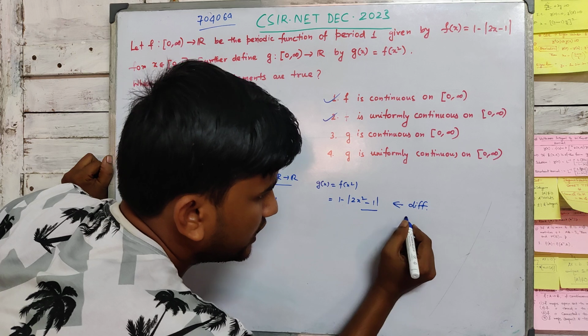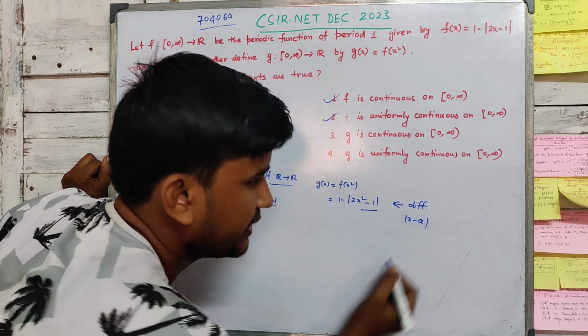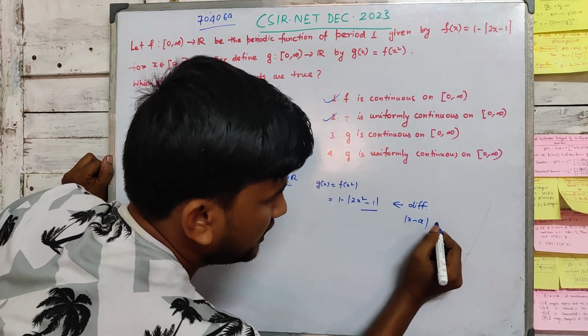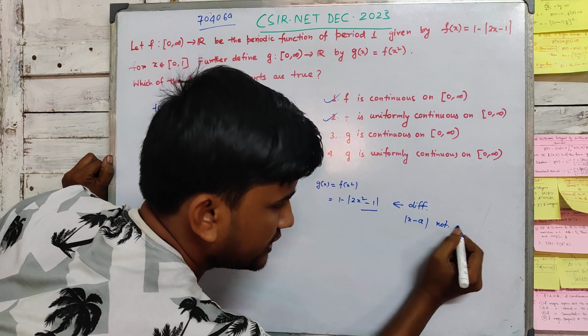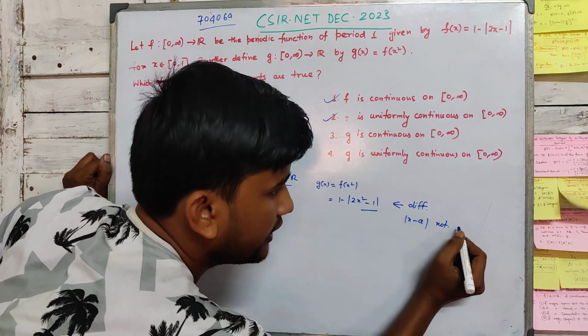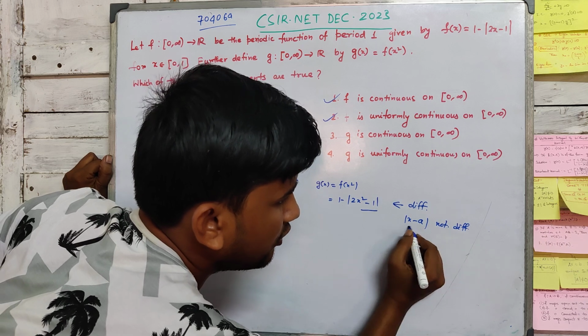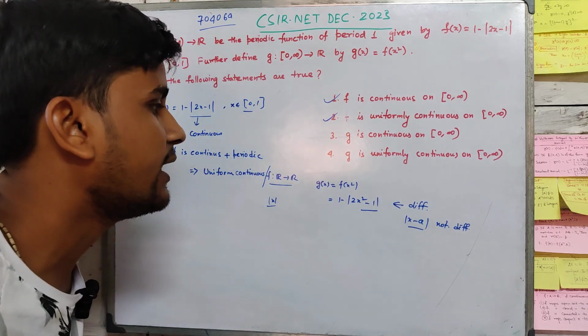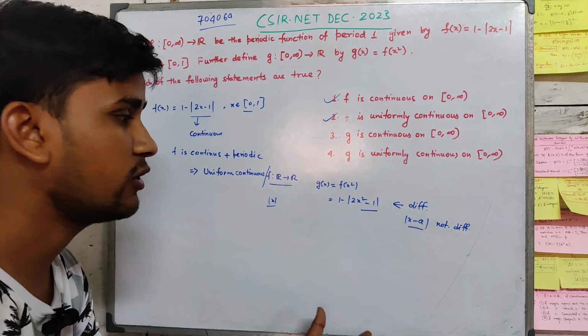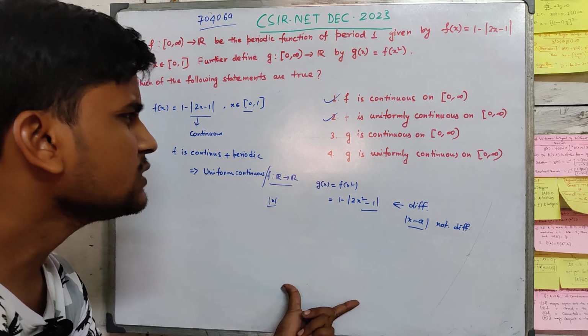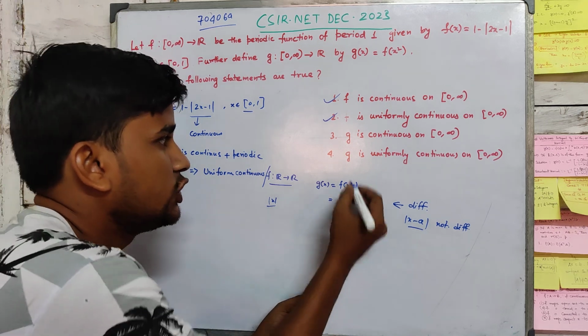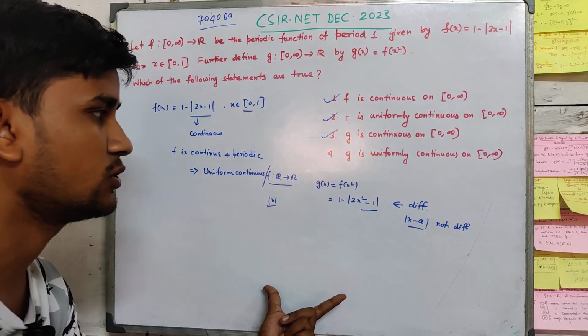We all know that if a function is mod of x minus a, then it is not differentiable at x equal to a, but it is obviously continuous throughout the real numbers. Okay, so g is continuous, there is no problem. That means this option is also true.